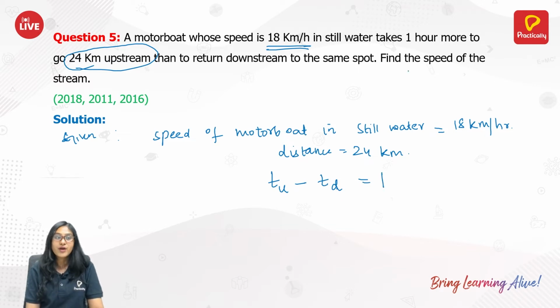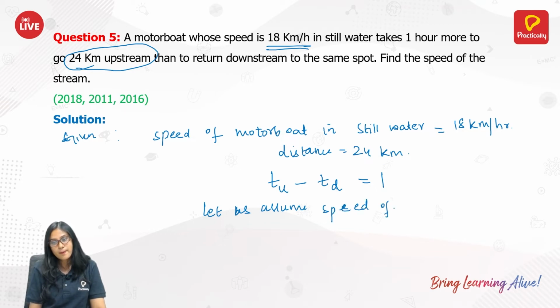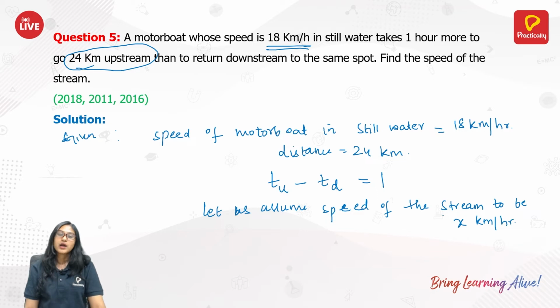Correct. Now find the speed of the stream. So let us assume speed of the stream to be x kilometer per hour. Now what do we have to know specifically?